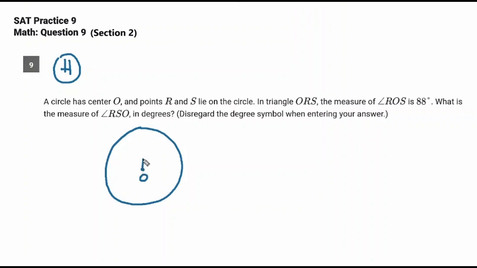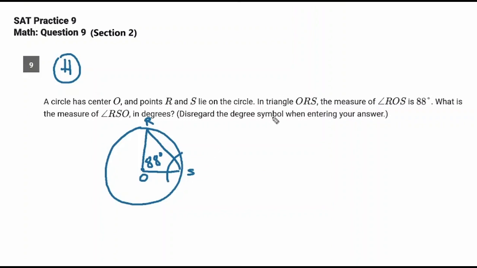Well, that's about 90 degrees, so let's make it look like that. Here's R, here's S, and 88 degrees goes here, ROS. It's a triangle, so you've got to make a triangle here. All right, what's the measure of angle RSO? You're looking for this angle right here.